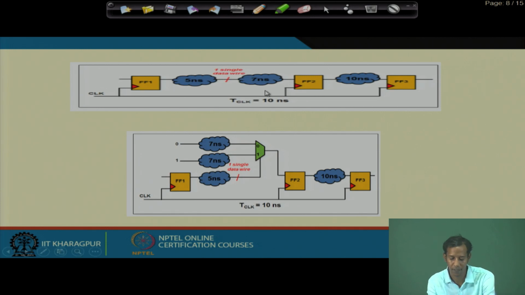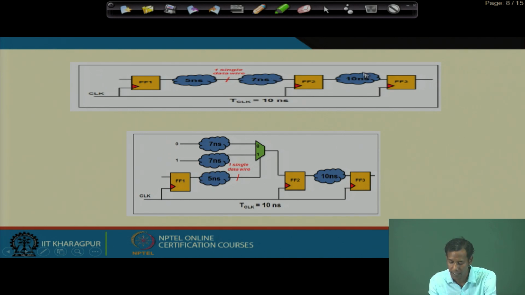Now, consider another example. Suppose we have one particular circuit like this: flip flop 1, flip flop 2, flip flop 3, and here one combinational logic which produces only a single wire, connected to another combinational logic that consumes 7 nanoseconds.